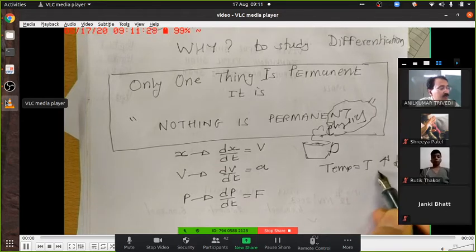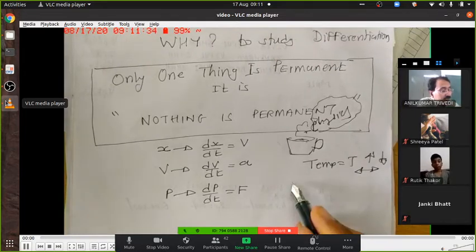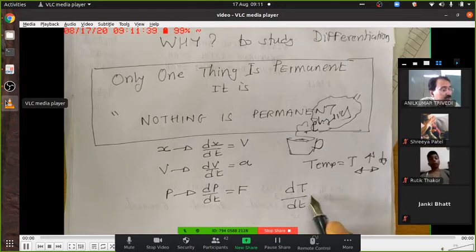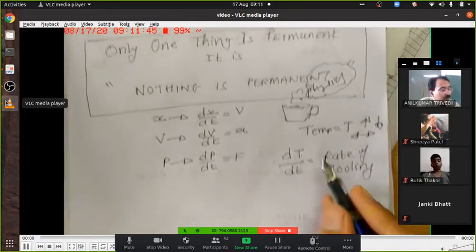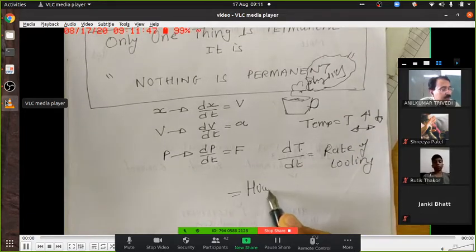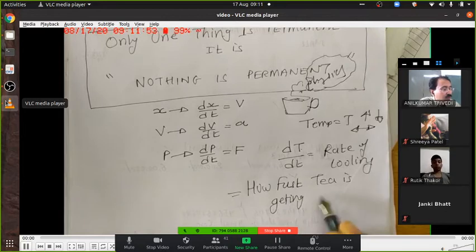Or there will be no change? It will decrease. So if you find dT, change in temperature, with respect to time, you will get the rate of cooling. You will come to know how fast T is getting cooled down.